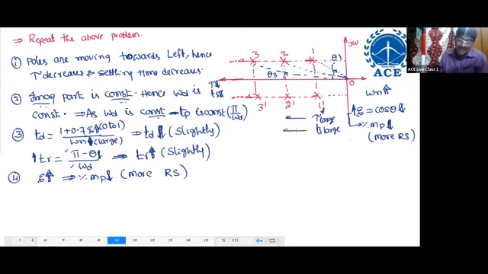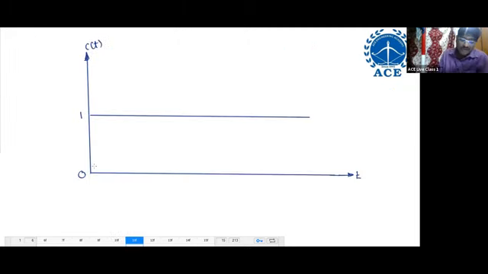Tau large, settling time large, means it takes a large time to reach the steady state. Like this. This is for TS1. Draw the envelope for this.